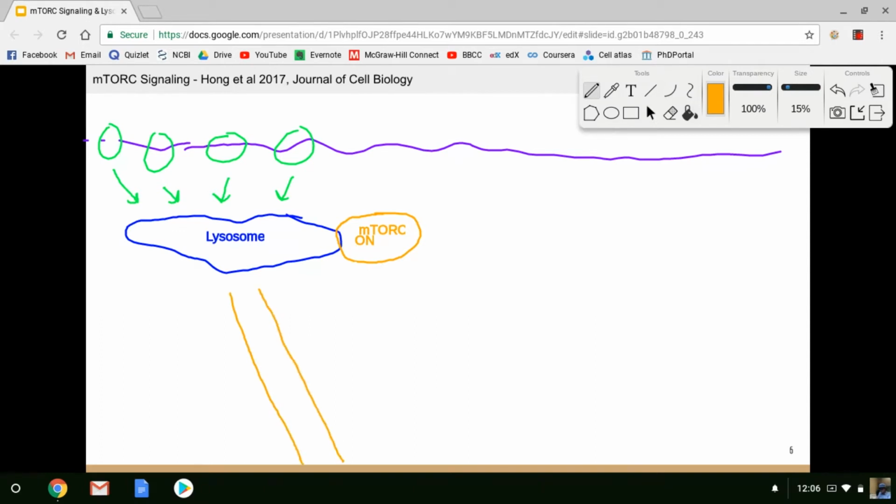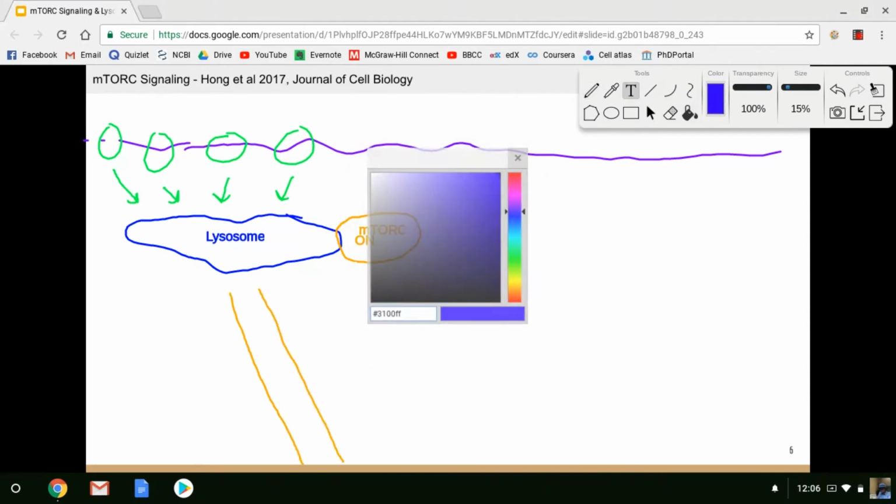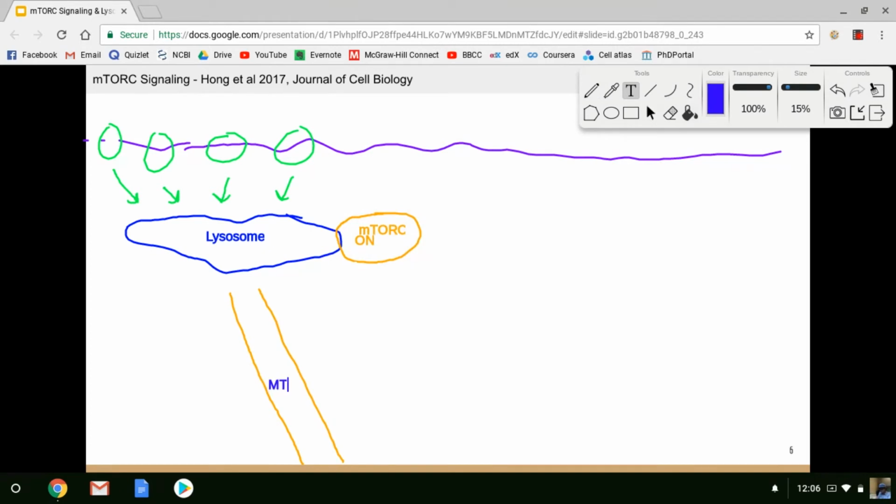So let's say this is a microtubule. And we're going to talk about retrograde transport. Starvation, these are things that can actually cause the retrograde transport of a lysosome. Typically, it's just thought of as starvation inducing the retrograde transport of lysosomes.